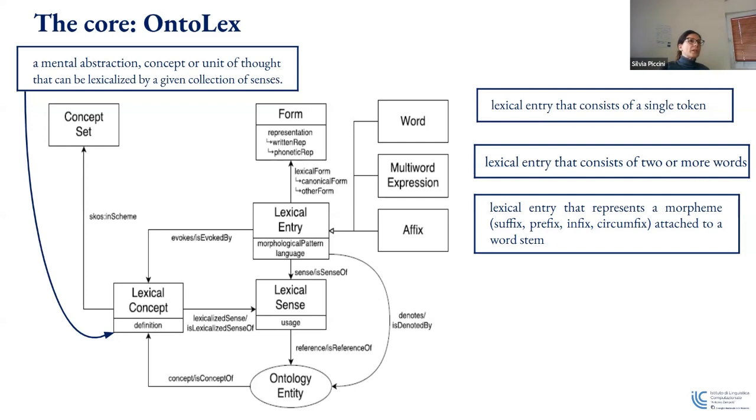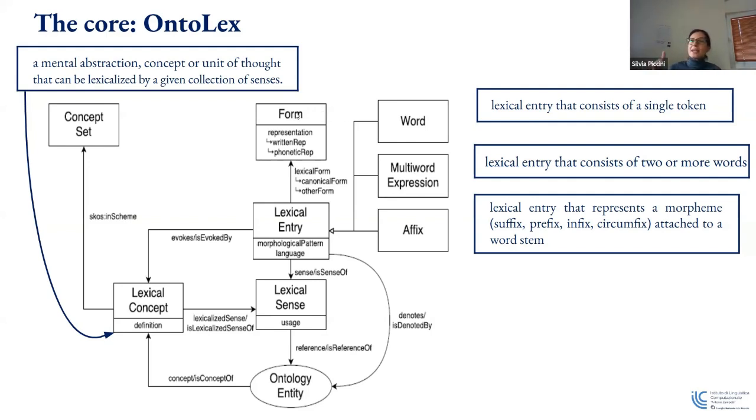Then, as we know, a lexical term can have different forms in a text. For example, we have the singular form, the plural form, or the inflection according to different cases, so nominative, dative, accusative, etc. And all these forms are instances, individuals of the class form that you can see here.